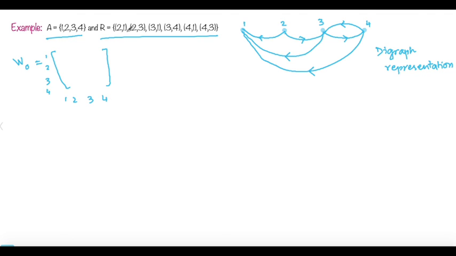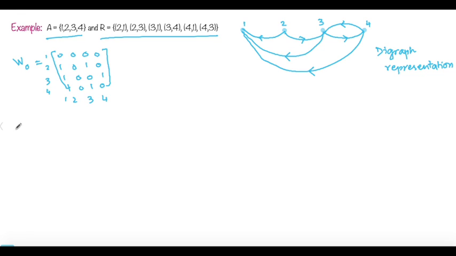There is no ordered pair in which 1 is the first element, so we have 0 0 0 0 here. For 2 we have 1 and 3 here, so we'll say 1 1 0 and 0. For 3 we have 1 and 4 here, so 1 1 0 0. For 4 we have 1 and 3 again, so 1. So this is my W of 0.